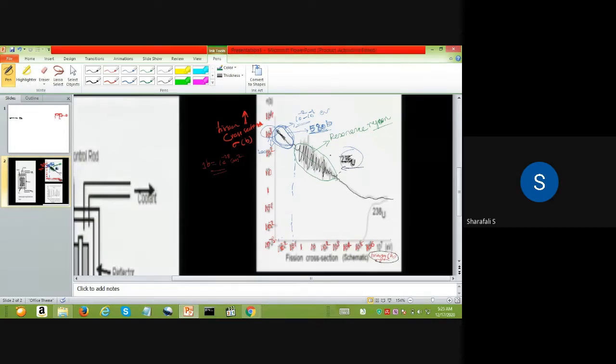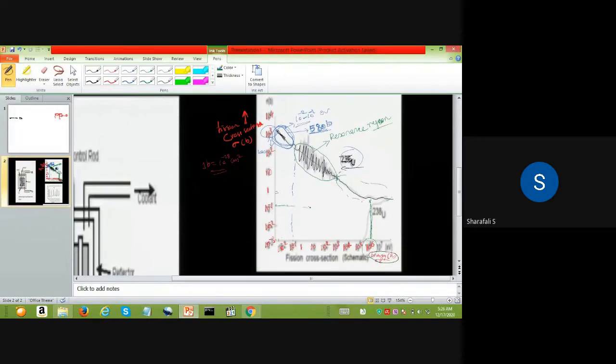Then we have another region, which you can see in this part. This goes up to around 10 raised to 6 electron volt, which means the 1 mega electron volt range. For that range the cross section is almost less than 1, somewhere between 1 and 10 raised to minus 1.